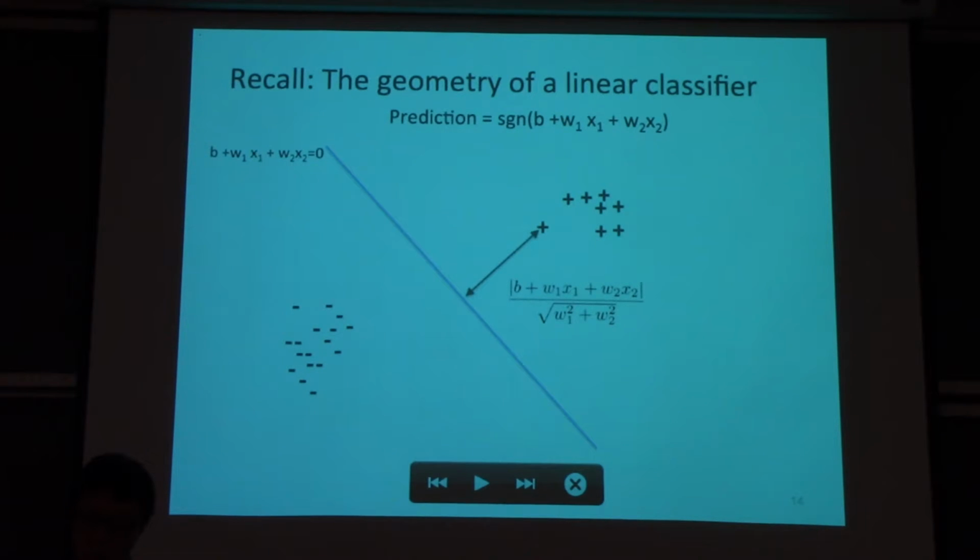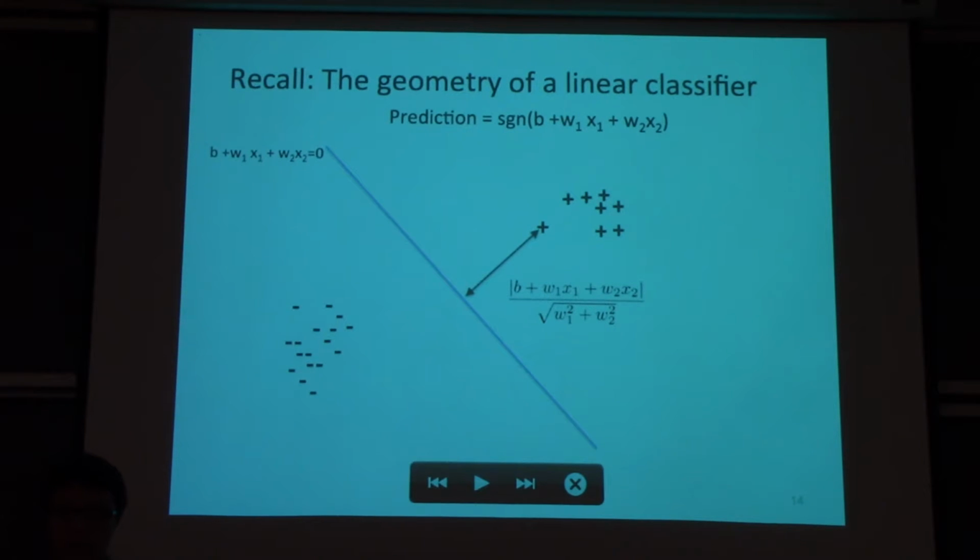In the SVM setting, we want the hyperplane which gives you the maximized margin. To remind you what the margin means, the margin for a hyperplane with respect to a data set is the distance from the closest data point to that hyperplane.